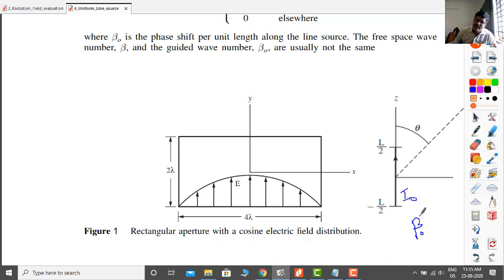When we multiply the phase shift with Z, because the current flow is along the Z axis, we will get the electrical length or the phase shift due to the path of the current flow.